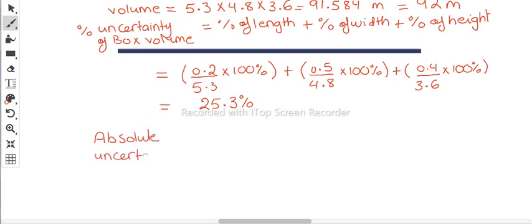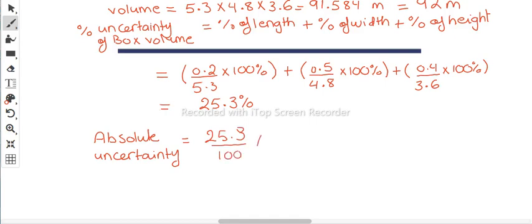In order to find the absolute uncertainty, which is the plus minus uncertainty for the volume, you will take your percentage, which is 25.3, over 100.